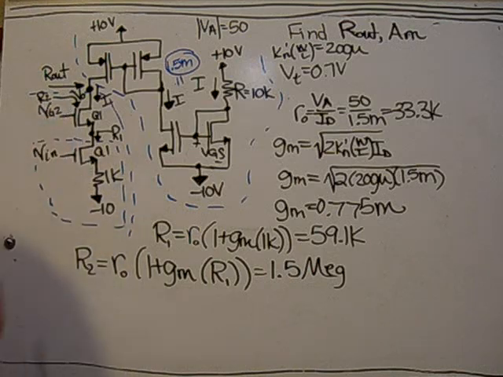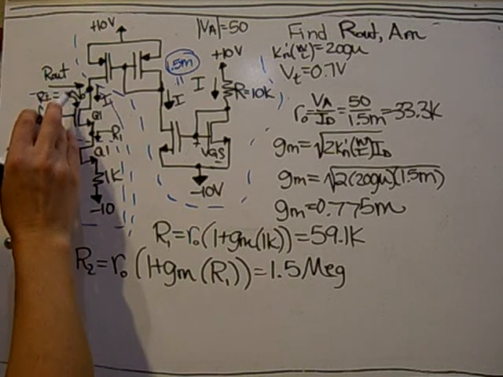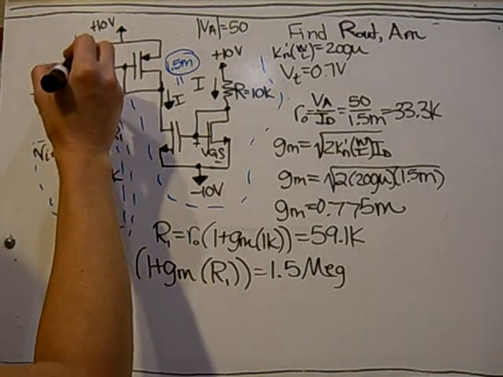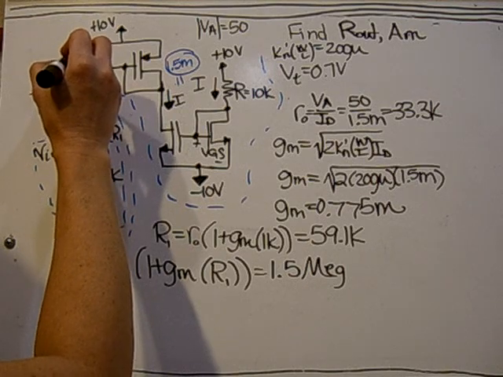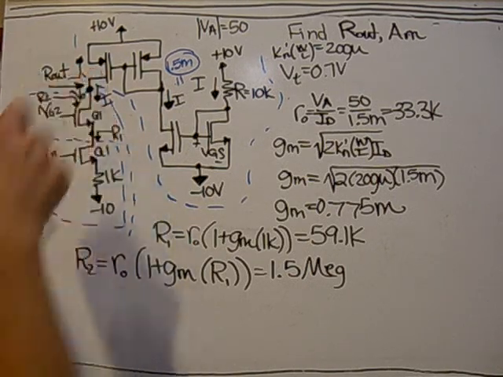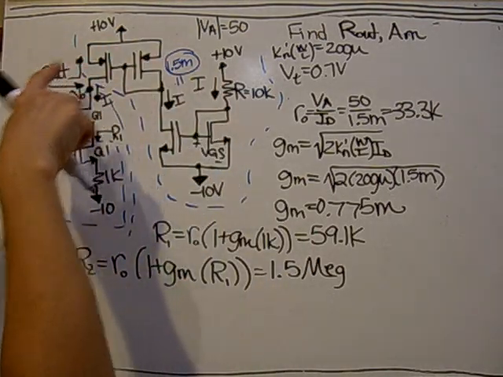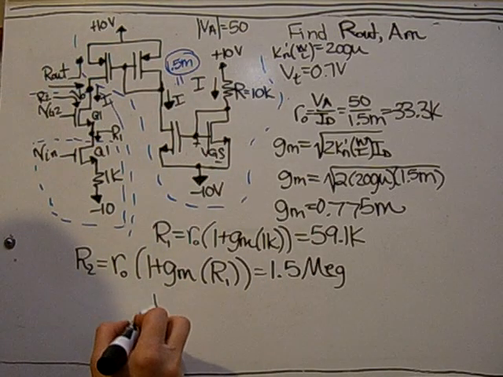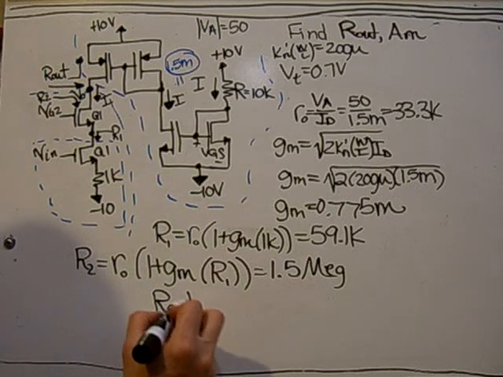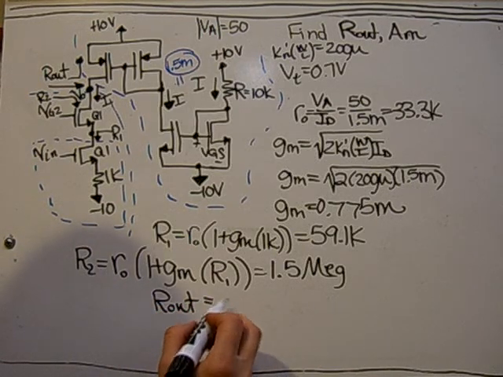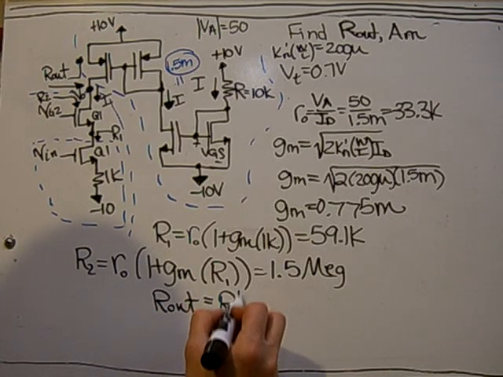So now I have the full equivalent resistance seen on the bottom. The resistance seen up here is solely due to this transistor. And so being a simple current mirror, all I'll see is just RO. So R out is R2 in parallel with RO.